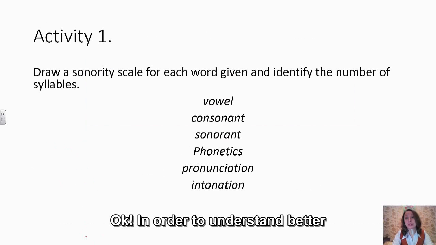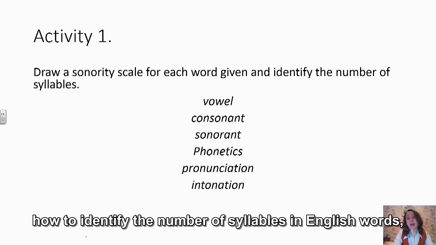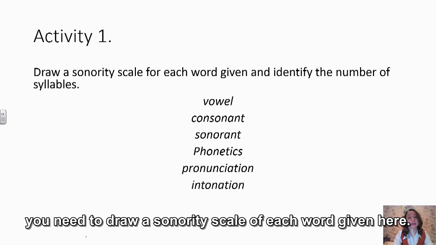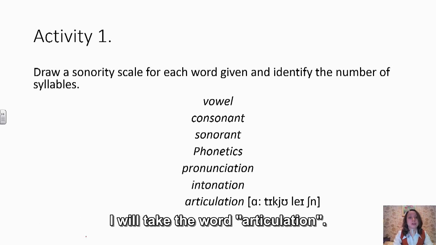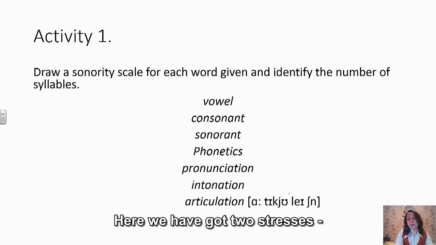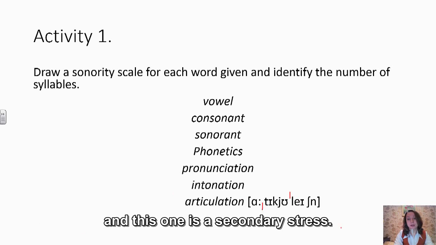Okay, in order to understand better how to identify the number of syllables in English words, you need to draw a sonority scale of each word given here. And for the purposes of this lecture, I will take the word articulation. So here we have got two stresses. This one is the primary stress and this one is the secondary stress.